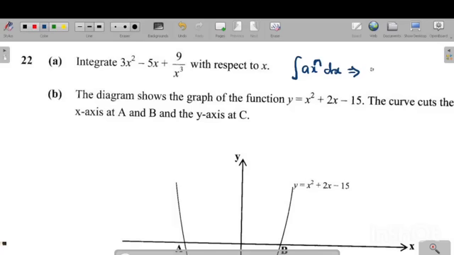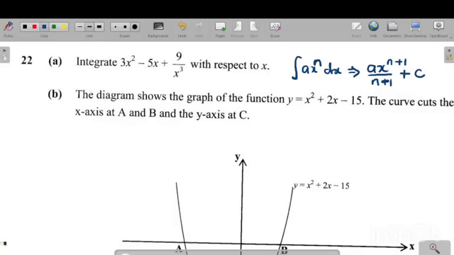So you are going to have ax to the power n plus 1, over n plus 1. And because this is an indefinite integral, it has no limits, you are going to add a constant c. So integration means you just add a 1 to the power and then divide by the new power.